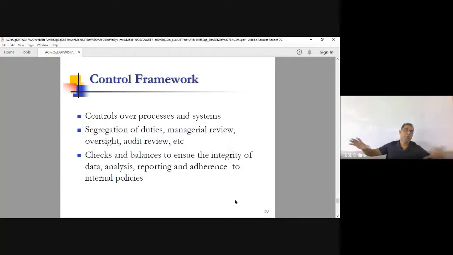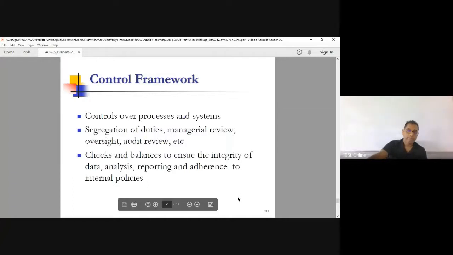The audit will come in and say, okay, everything looks okay, or not okay, and they validate the integrity of the information that is provided. When there is a regulatory audit or independent audit from some other party, the auditors are the final ones who say these are the audits we've done, and this is the way we've done it. So there are many layers of control already in place.